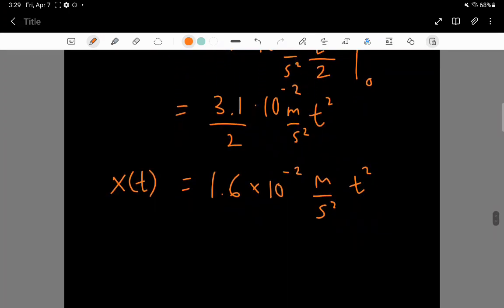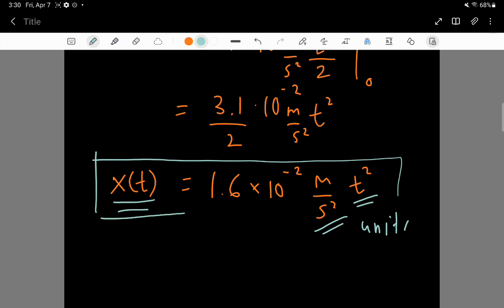So if you check the units again, t squared, which is some amount of time squared, times meters per second squared gives distance. x of t is distance. All right, so this is the answer for x of t right here, and the units work out.